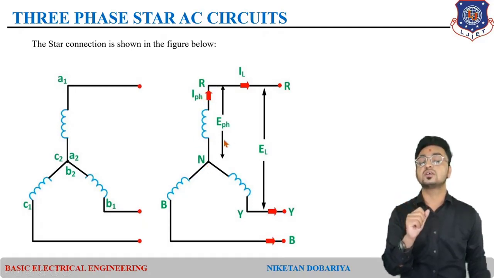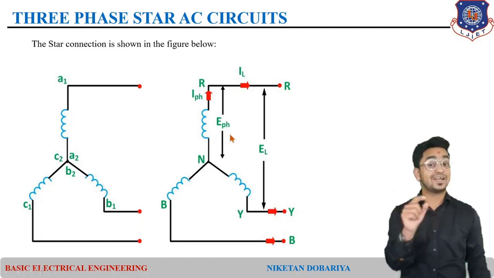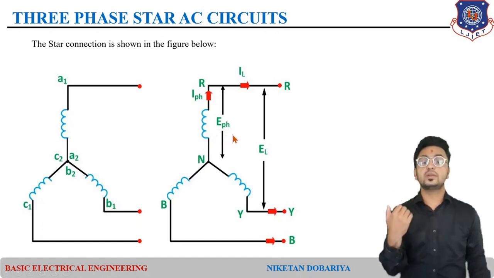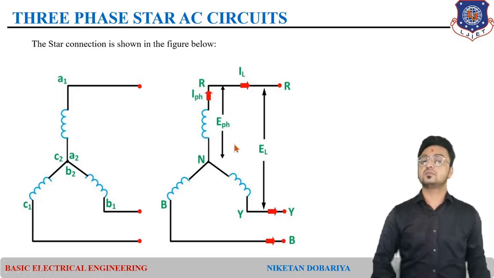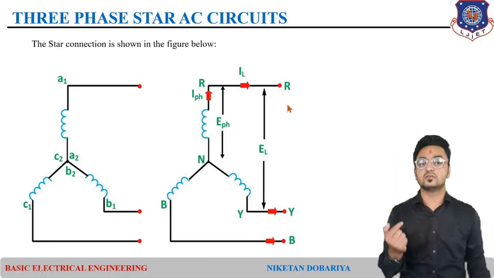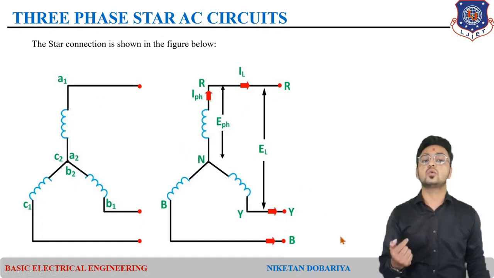Whatever the voltage across this is, that will be defined as the phase voltage, and that's why it is normally indicated by E phase, PH, using the word phase. And in the same way, line voltage. If we measure voltage between two lines, this is R line and this is Y line over here.